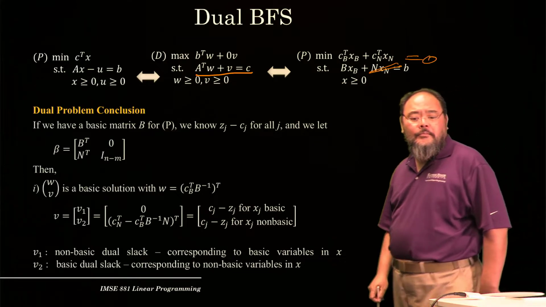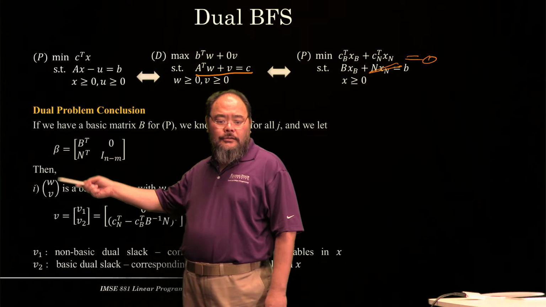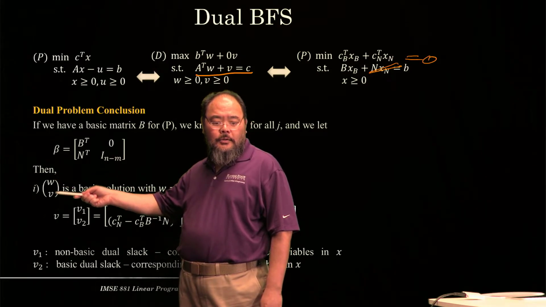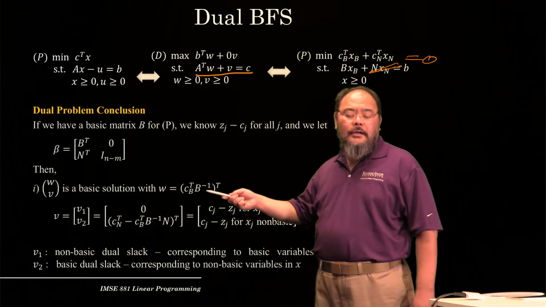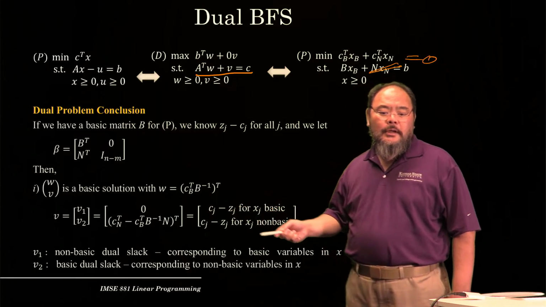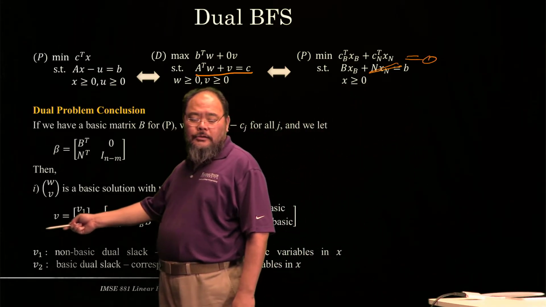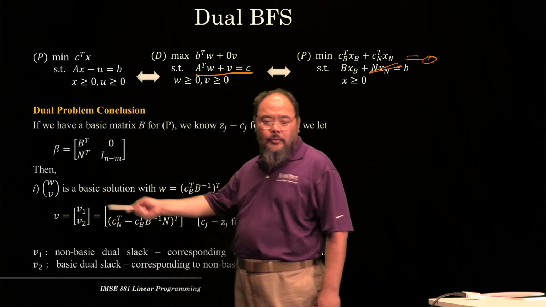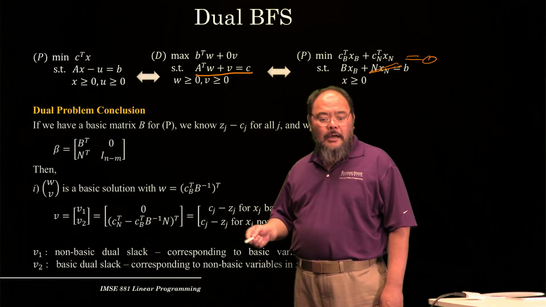Then omega and V are the dual solution, dual variable, dual slack. It's a basic solution with omega equals C transpose times B inverse, transposed. But take a look at the dual slack. The dual slack I can separate into two parts, similar to basic and non-basic.